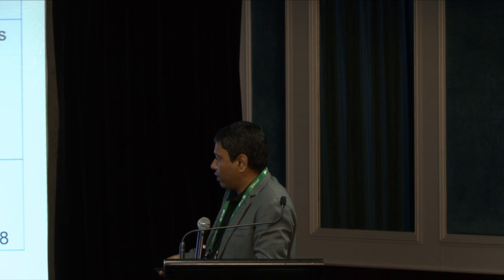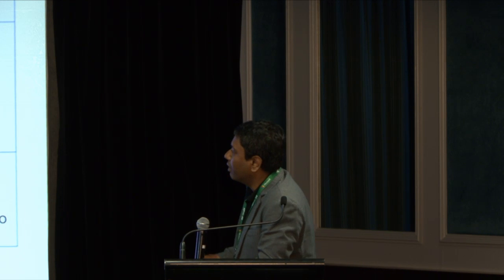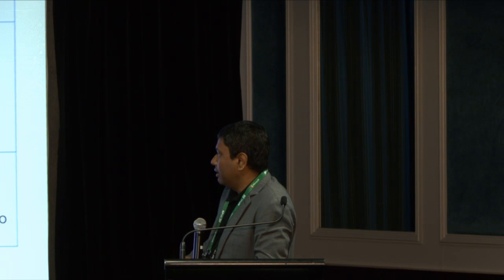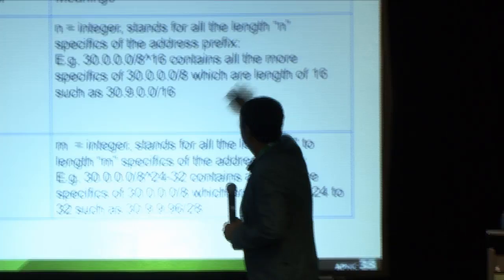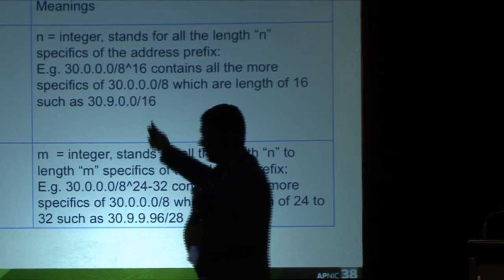For example, if you specify 5.0.0.0/8 hat plus, that contains all more specifics, which includes this one plus the other more specific prefixes within the range. Hat n, where n is replaced by a number, means within that prefix, from /8, all the /16 will be matched.